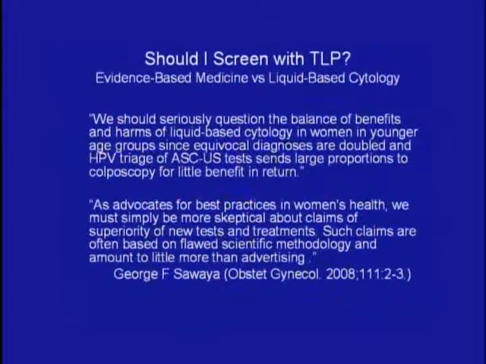Patient outcomes are not improved because this test isn't really detecting more important high-grade disease. As advocates for best practices in women's health, he says, we must simply be more skeptical about claims of superiority of new tests and treatments. Such claims are often based on flawed scientific methodology and amount to little more than advertising.